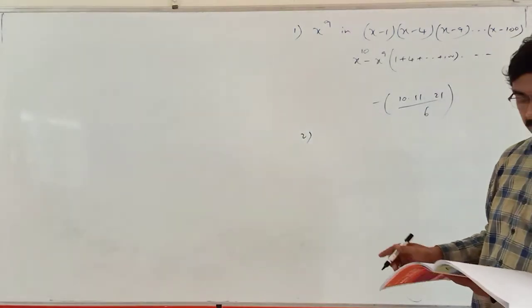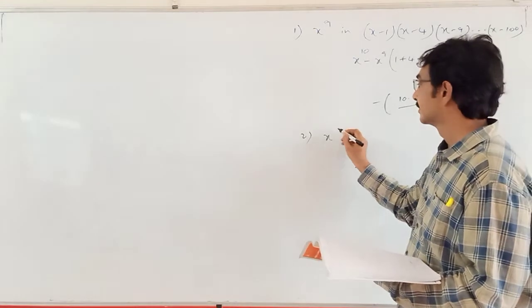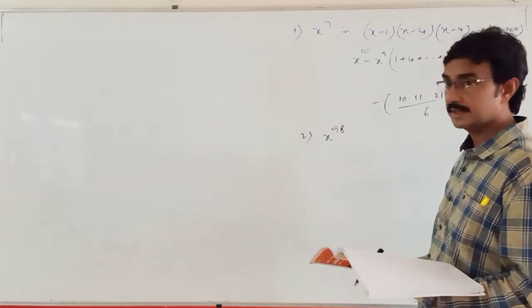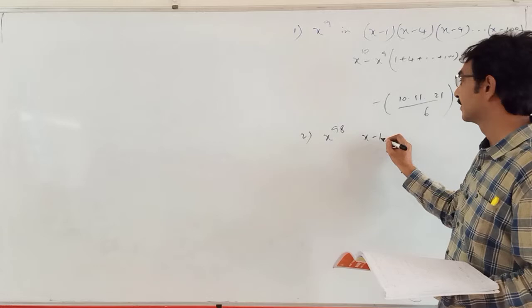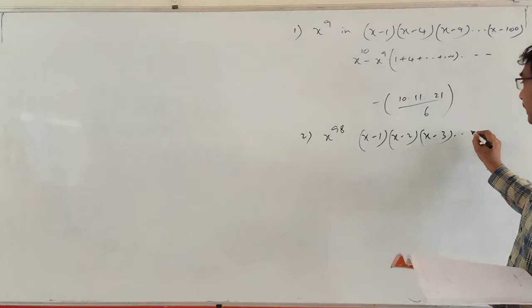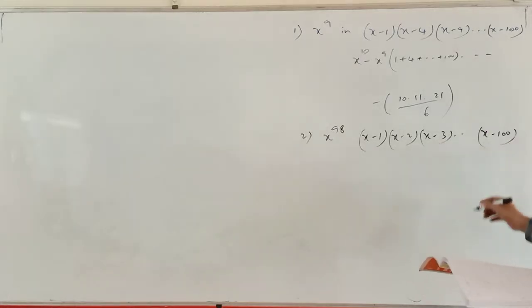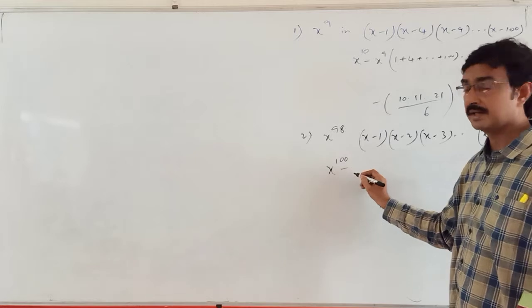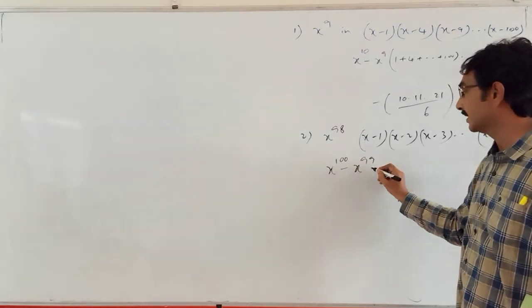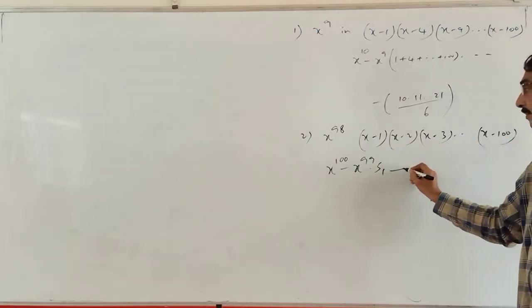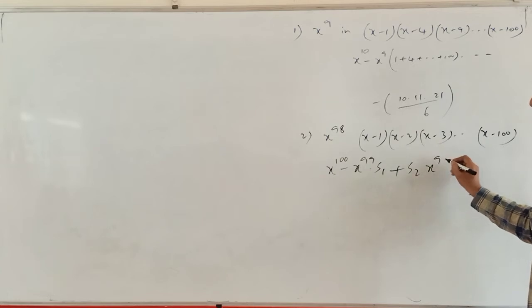Next problem. The coefficient of x power 98 in the expansion of (x minus 1) into (x minus 2) into (x minus 3) and so on, (x minus 100). So clearly the number of factors is 100. Therefore, by simplifying, x power 100 minus x power 99 into s1, meaning 1 plus 2 plus 3 and so on 100, plus s2 into x power 98.